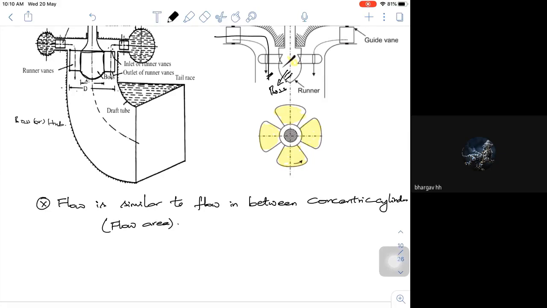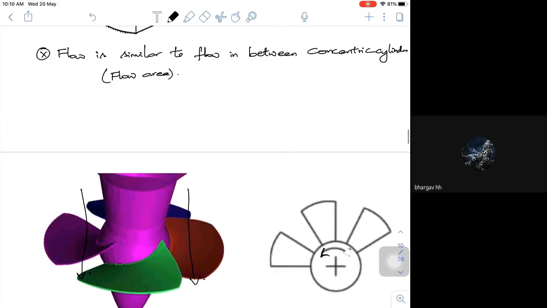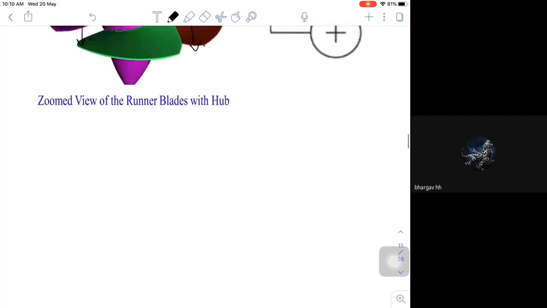Now, when you analyze the Kaplan turbine, how are the velocity triangles? Is there any difference between the velocity triangles we had for your Francis turbine?